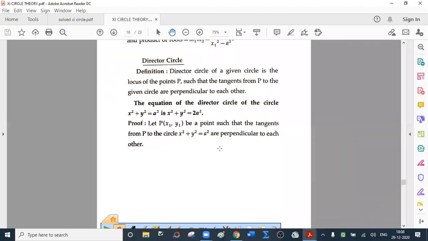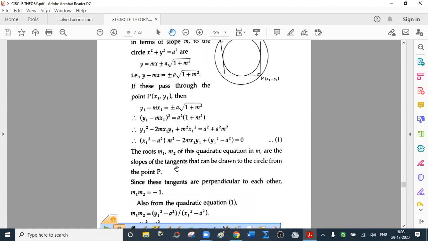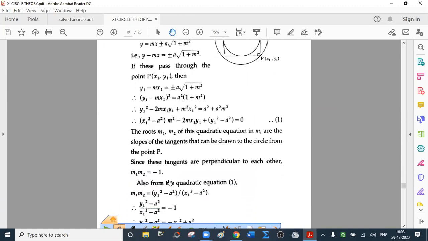Let P x1 y1 be a point such that the tangents from P to the circle are perpendicular to each other. The equations of tangents in terms of slope m are this: y minus mx equal to, if these pass through x1 y1, I have done exactly the same. Rearrange the terms. This is a quadratic equation in m. The roots m1 m2 of this quadratic equation are the slopes of the tangents that can be drawn to the circle from the point P. Since tangents are at right angles, m1 m2 is minus 1.